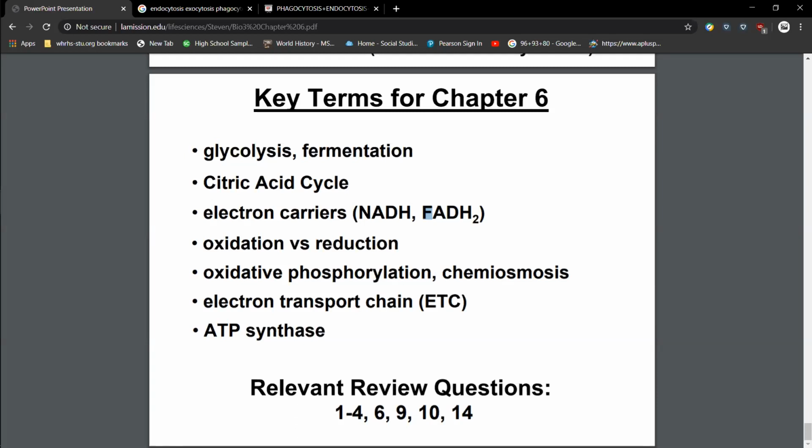Right, so fermentation generates ATP without oxygen, generates 2 ATP. So that's a good answer.